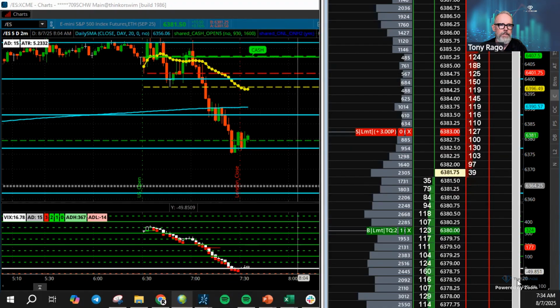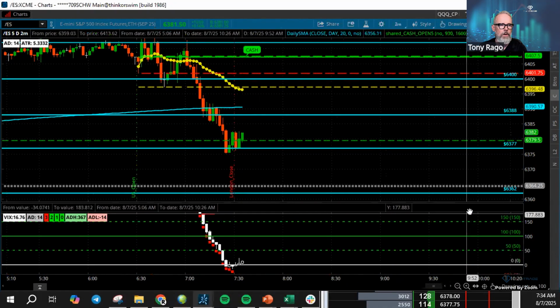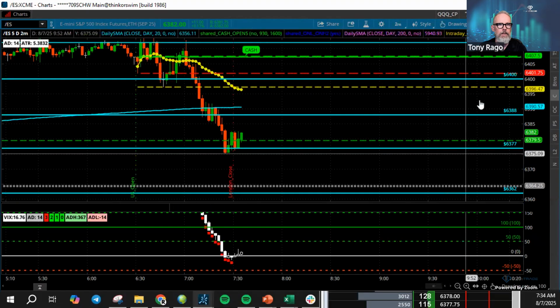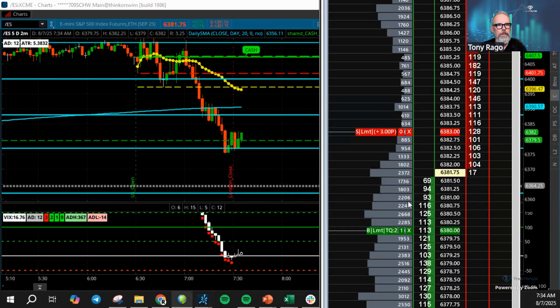We got AD starting to react favorably for a long setup. We got AD rising. It's off the lows. It's always tricky for my ES folks. It is always tricky on these round numbers.